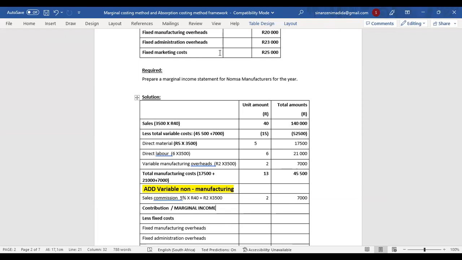The contribution or marginal income. You can try if you have forgotten. For the first lesson, a guess is gonna be allowed. Marginal income, guys, or contribution.